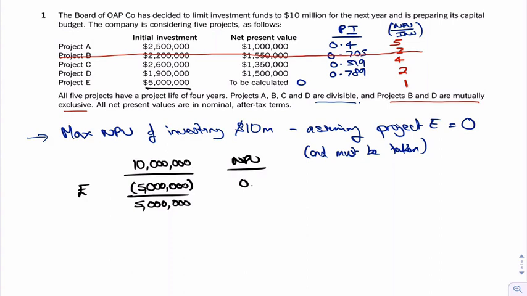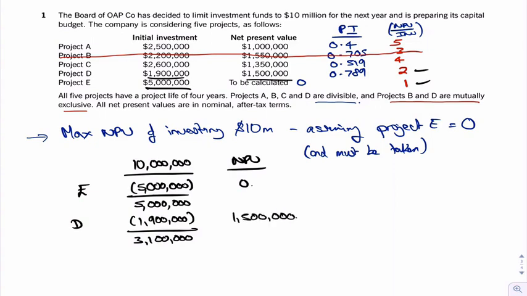Next I would do project D. That will cost me 1,900,000, which would leave me then with 3,100,000 still to spend. And project D will give me an NPV of 1.5 million.